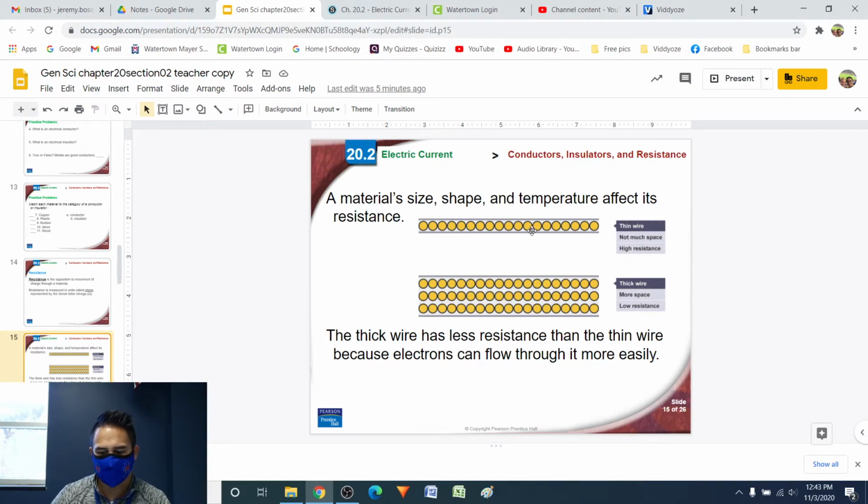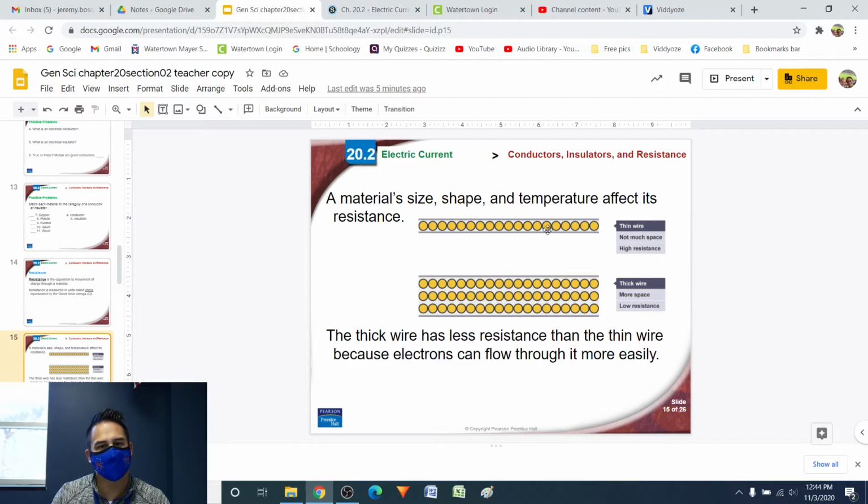Imagine the first pipe here is like a one-lane road during rush hour, and all these cars are trying to go home and they're all backed up behind each other, piled in, and going really slow. Versus this one down here, let's say this is a three-lane freeway with all of these cars in three lanes. Of course, it's rush hour, so they're all backed up, but you've got a three-lane freeway.